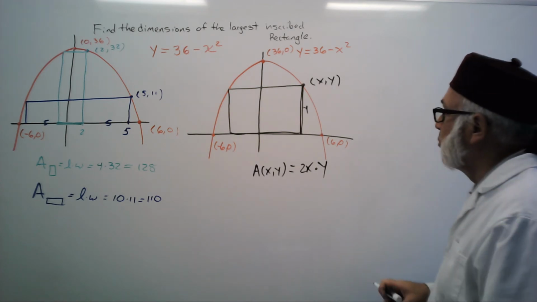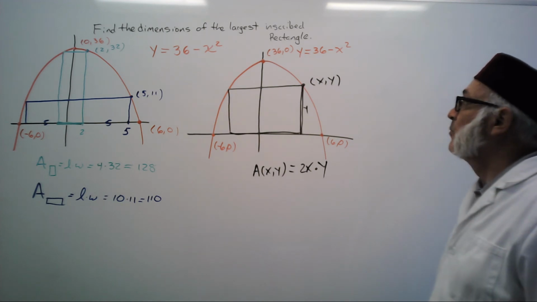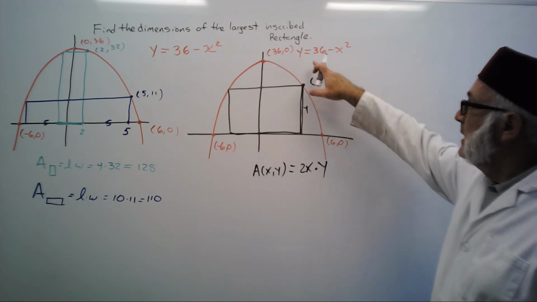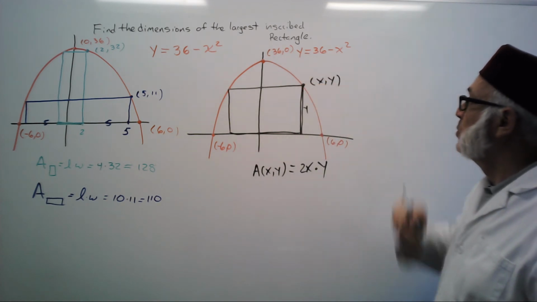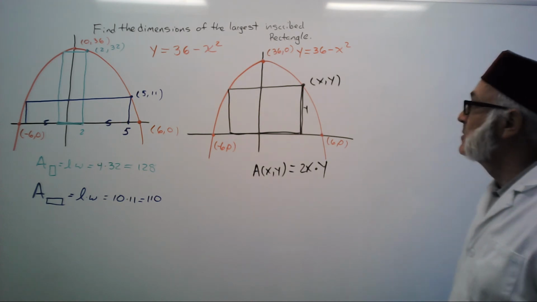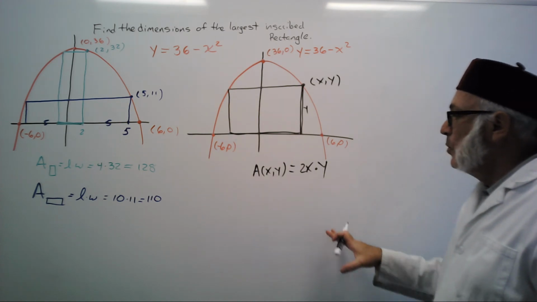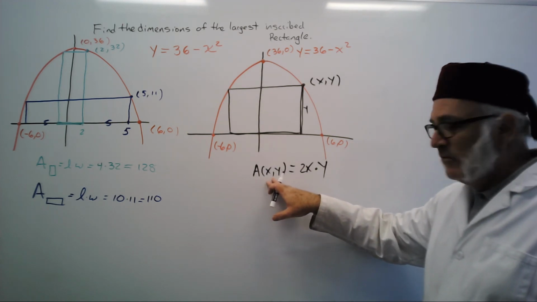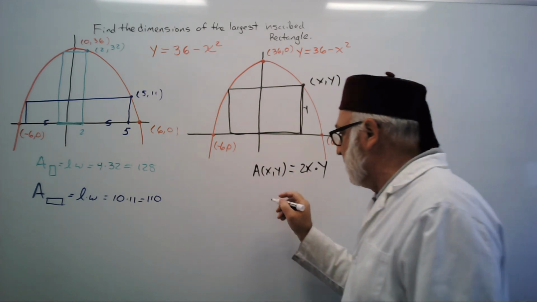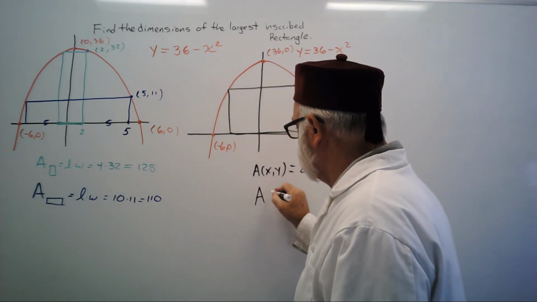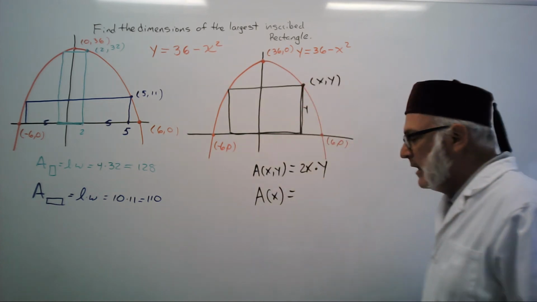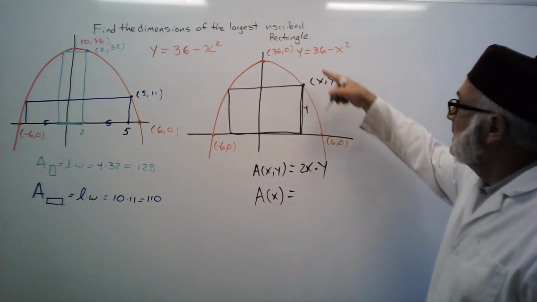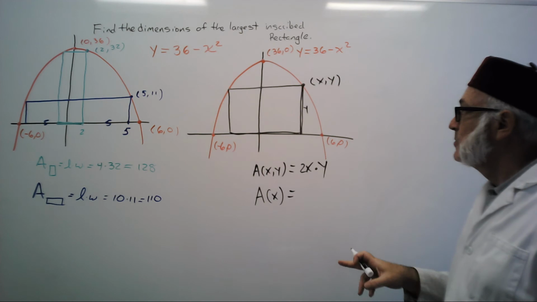These optimization problems are called constrained optimization problems because the upper right-hand corner of the rectangle is constrained by the curve y equals 36 minus x squared. And we are able to write this area function not in terms of two variables, but in terms of one variable, by noting that y is equal to 36 minus x squared.